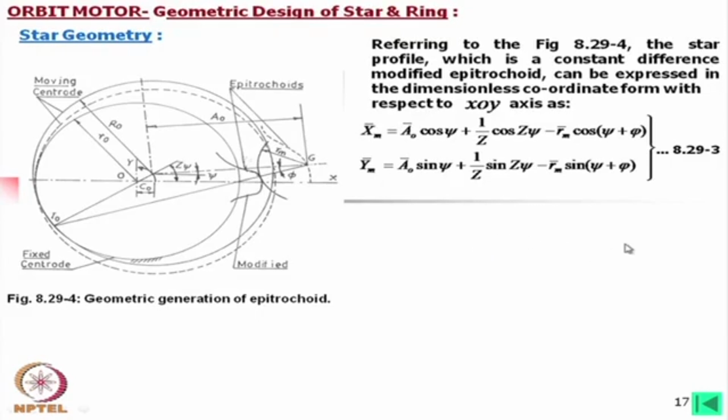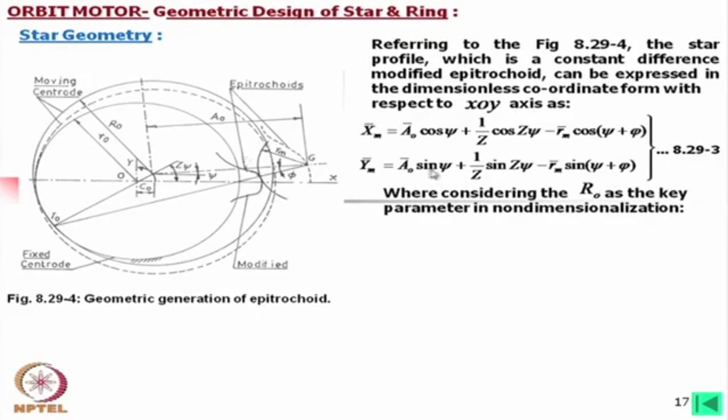What we have done is divide these terms by capital R0, which is the radius of the outer describing circle, and we have made it dimensionless. This is A0 by R0, and this is small r0 by capital R0, sorry, this is R0 minus small r0 by capital R0. This you can easily find out geometrically.